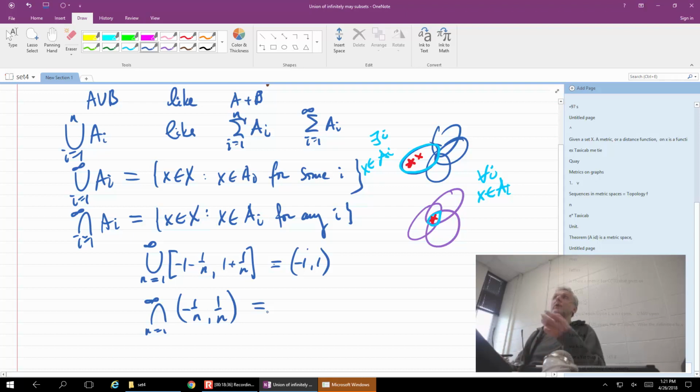So remember, when you keep adding elements to a collection of sets, the union will grow. The intersection will shrink more and more as you progress through that sequence. Actually, eventually it will be 0. The only point that belongs to all of these intervals is 0. So the answer is 0.